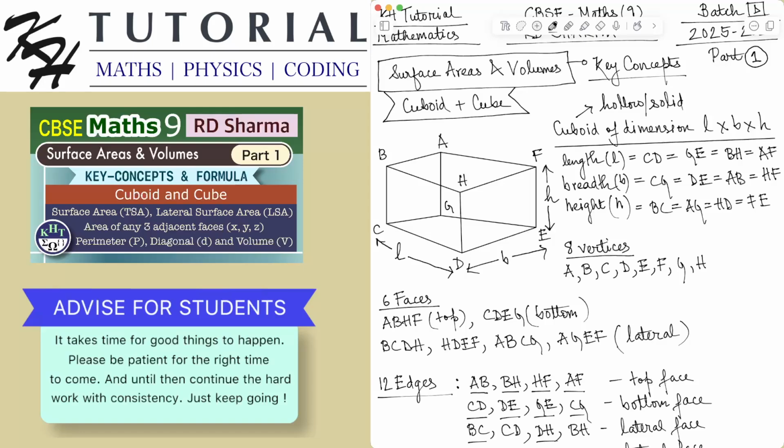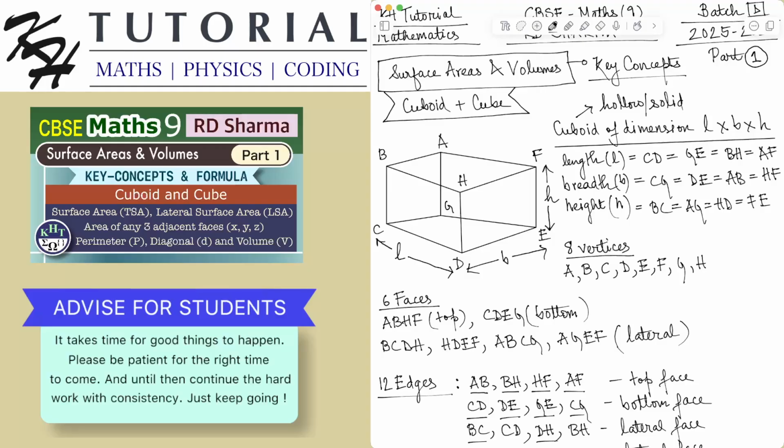The top face is ABHF, and the bottom face is CDEG, and all the other remaining faces are known as the lateral faces, which are BCDH, HDEF, ABCG and AGEF. These are lateral faces.